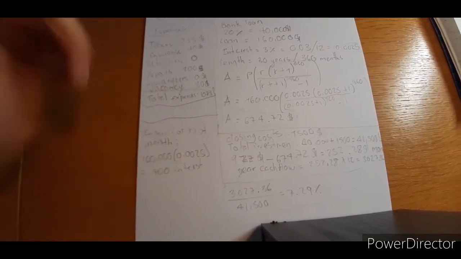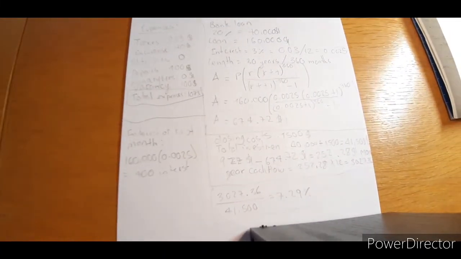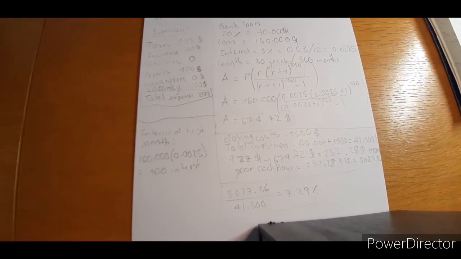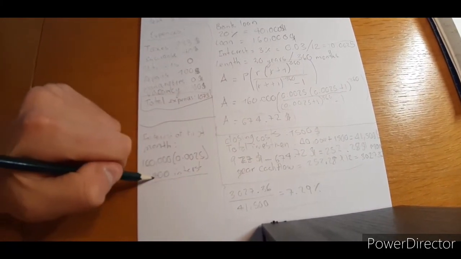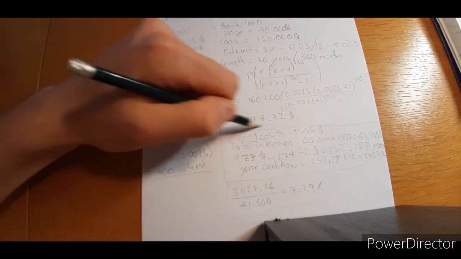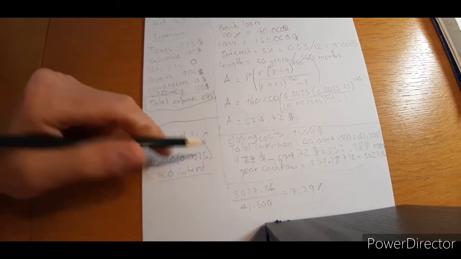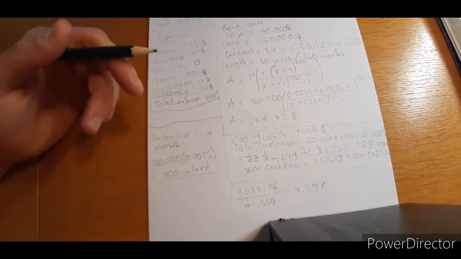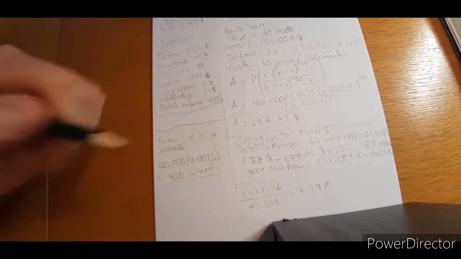Now we can know what we are paying for the principal of the house each month. We know our interest, we know our monthly payment, so we're just going to subtract the interest from the monthly payment, and that's going to give us the principal you're paying to the house each month.